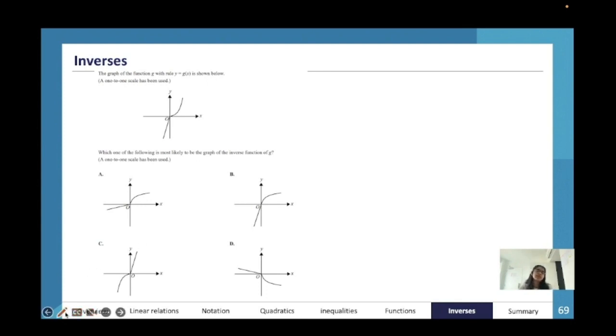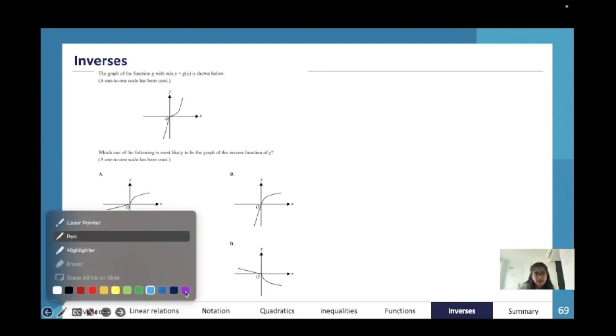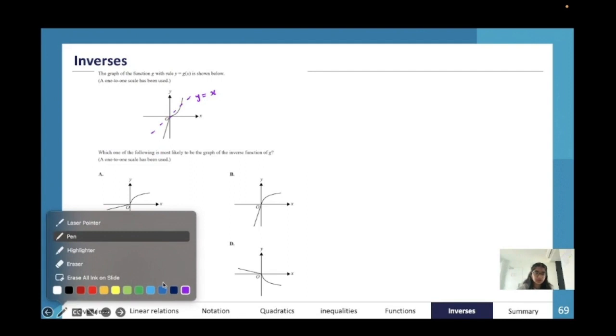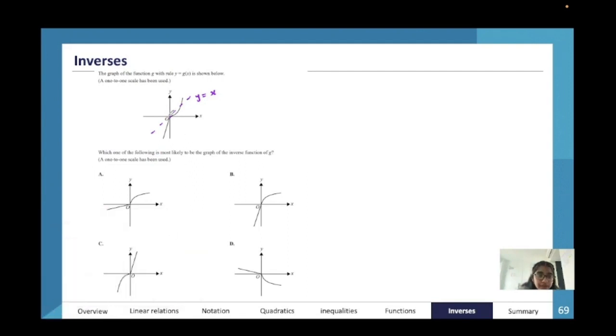This is a very, very common type of question. What I like to do is outline y equals x. It's a guide for me to figure out how the inverse function will look. Then it reflects along the line, something like that.